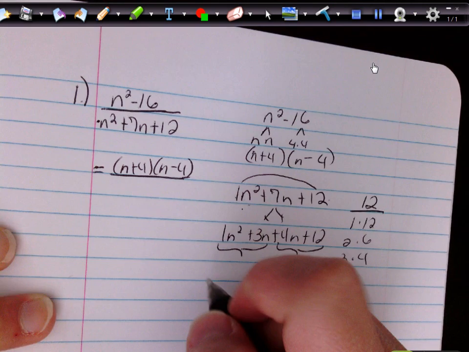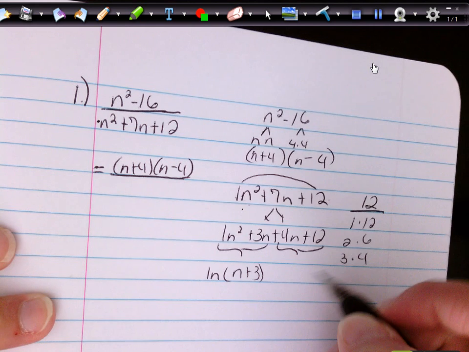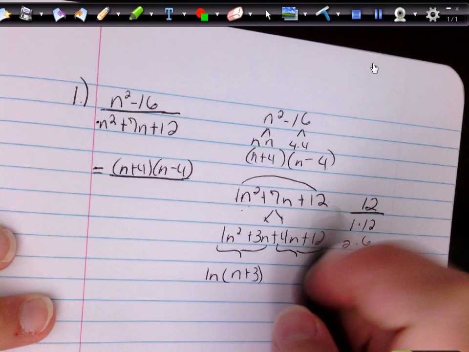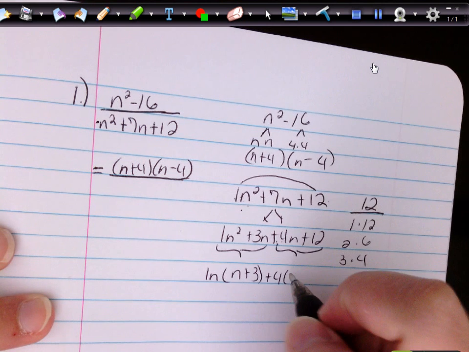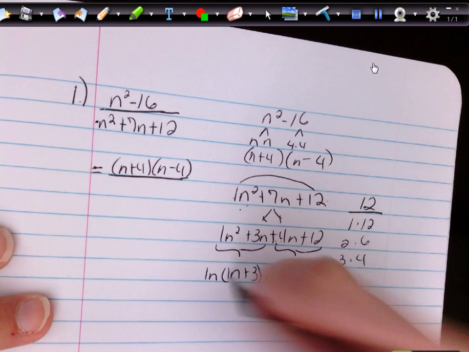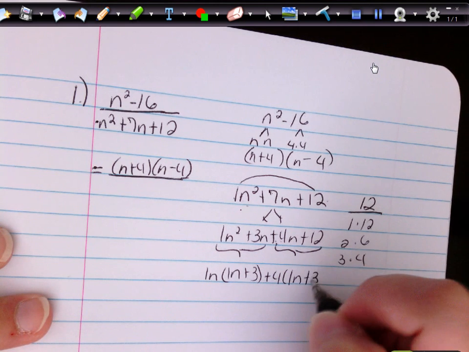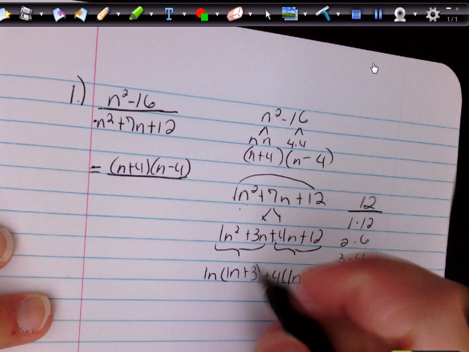The first one I just have a 1n, and I have n plus 3 left. And then 4 and 12 have a 4 in common, and it's positive because that front number right there is positive. And I have 1n, or just n, plus 3. Again, what's in my parentheses matches, and it has to.